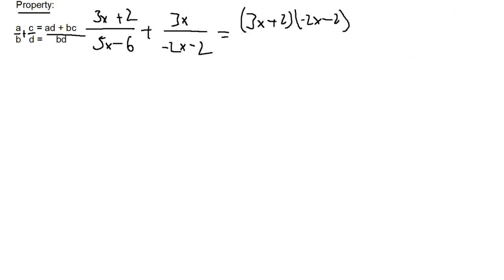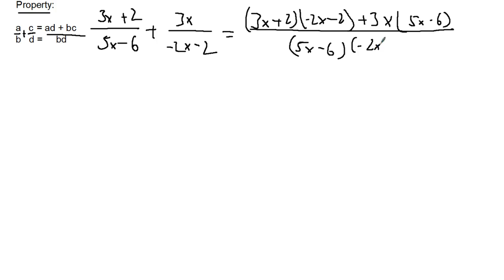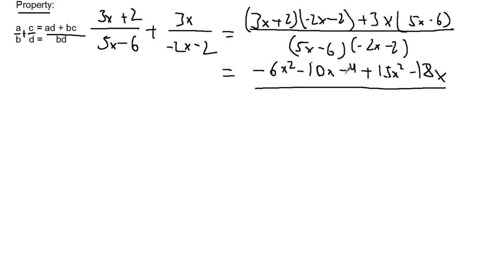Okay, let me move this a little bit to this side, and then add that to 3x multiplied by 5x minus 6, divide all of that by 5x minus 6 multiplied by negative 2x minus 2, which will get you negative 6x squared minus 10x minus 4 plus 15x squared minus 18x over minus 10x squared plus 2x plus 12, which will get you minus 6x squared plus 5x squared.